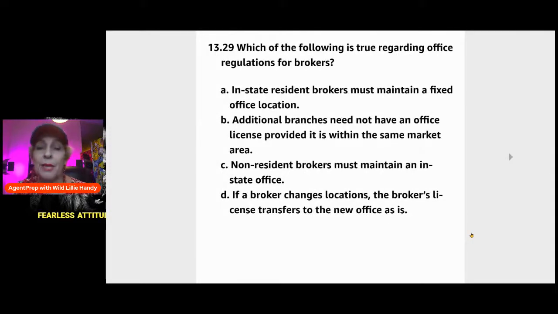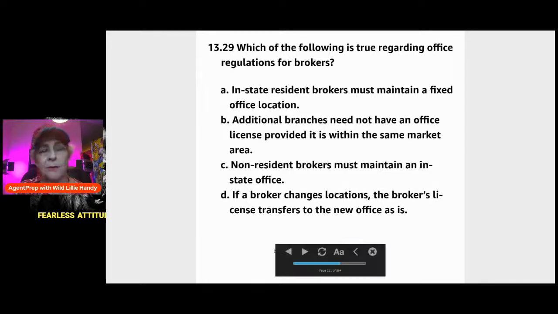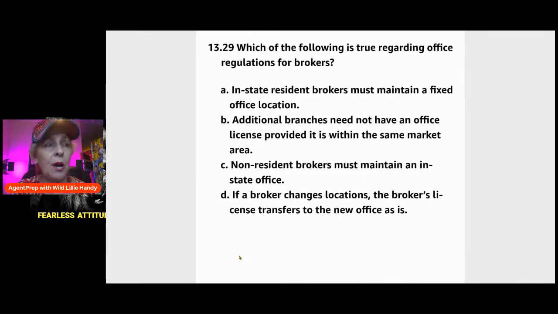29. Which of the following is true regarding office regulations for brokers? Oh, I forgot to mention what these questions were. So these questions have to do with standards of conduct and brokerage practices. A, in-state resident brokers must maintain a fixed office location.